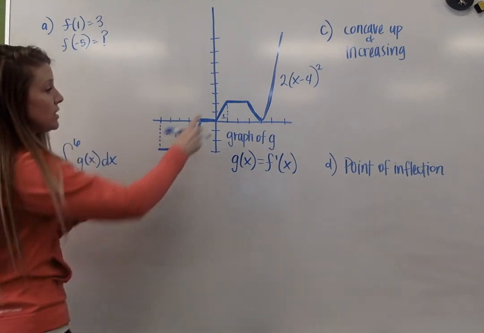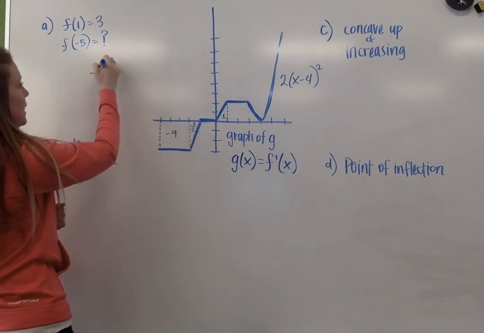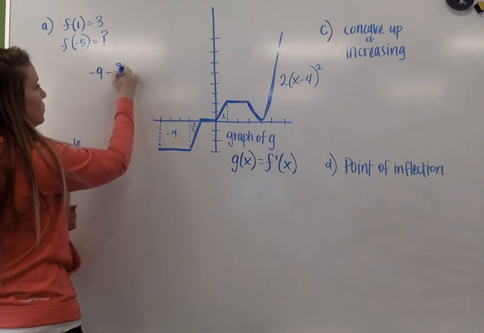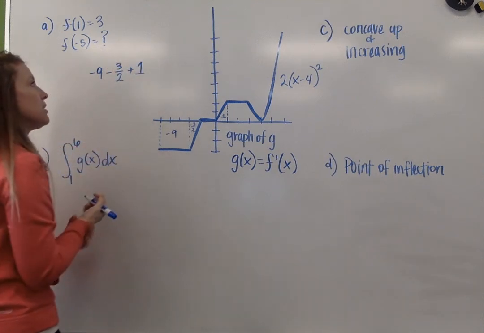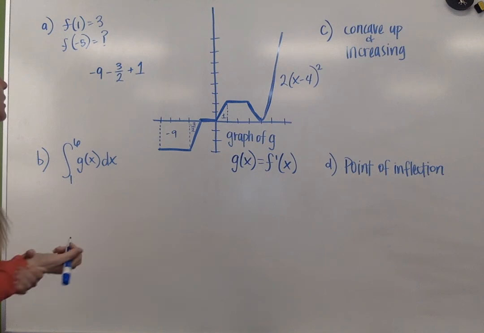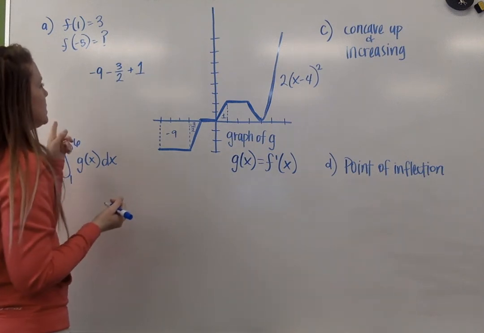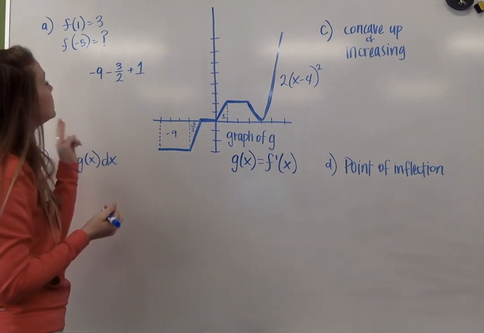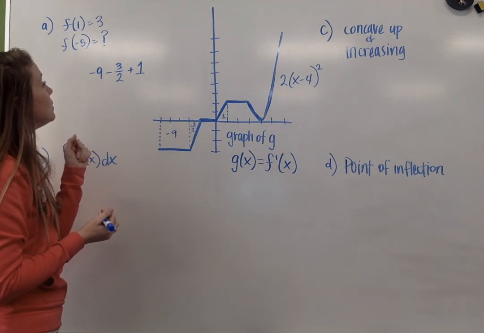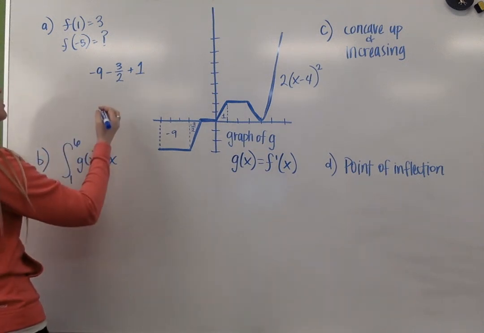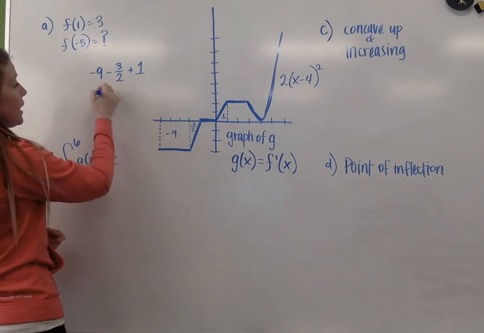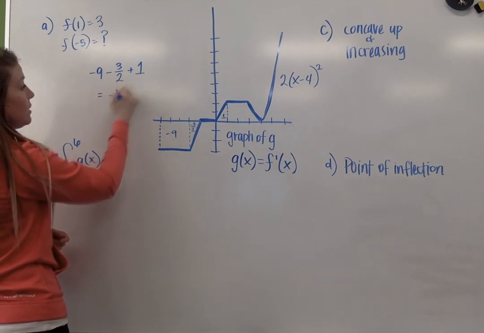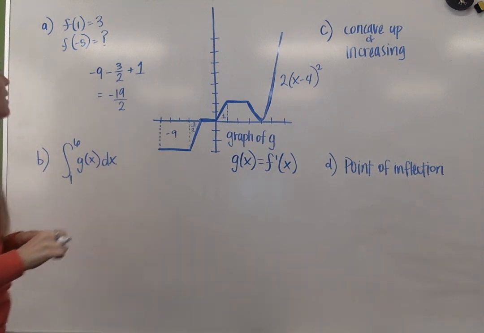Okay, so this total area, negative 9, negative 3 halves, and a positive 1. Okay, 18, 21, 19 halves. Okay, so if we add all this up, we end up getting negative 19 halves.